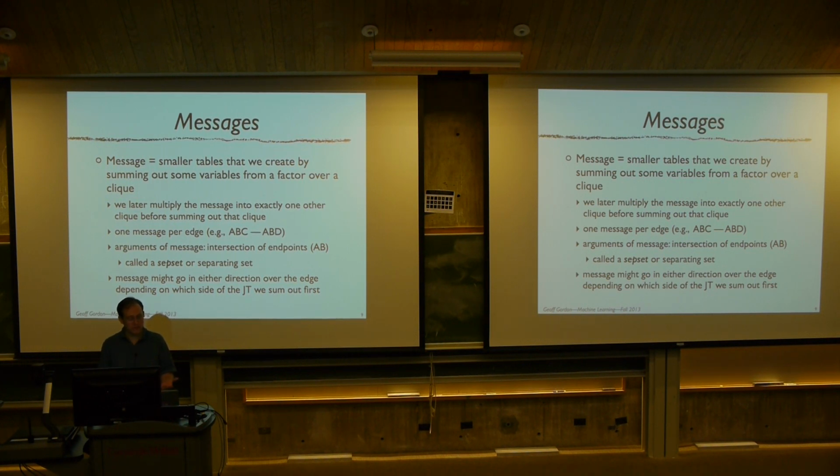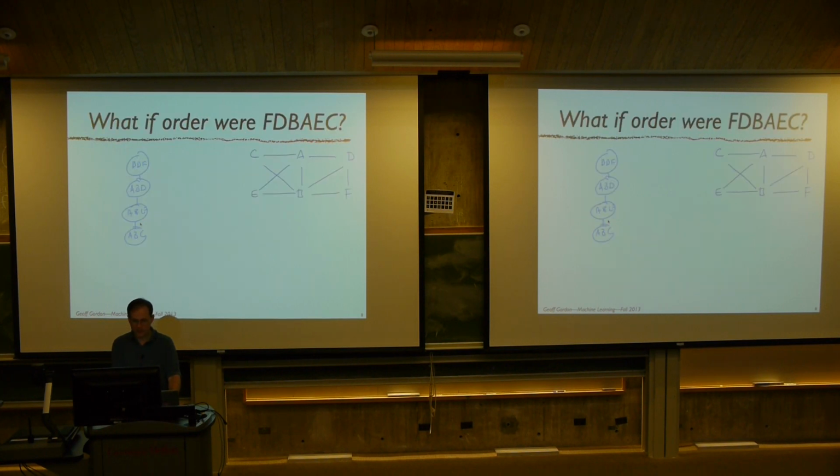And the arguments of the message, if you look at the junction tree, right, so if we look at the message that goes between these two guys, it was a table over A and B. And in general, if you have some set here, the intersection of those two sets is what's going to be the arguments of the message that go across.